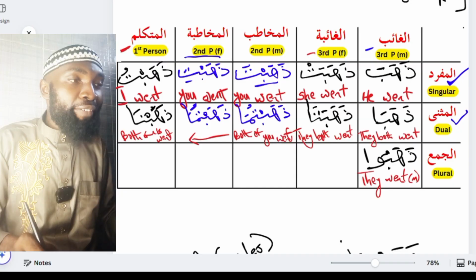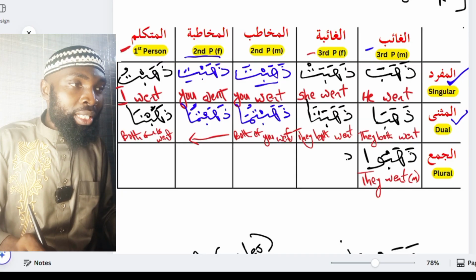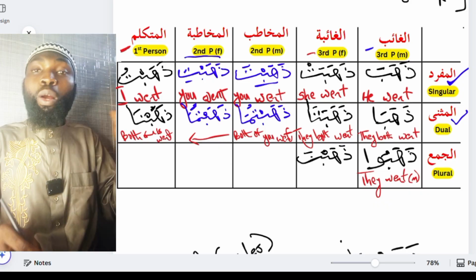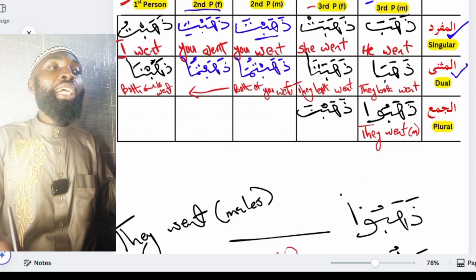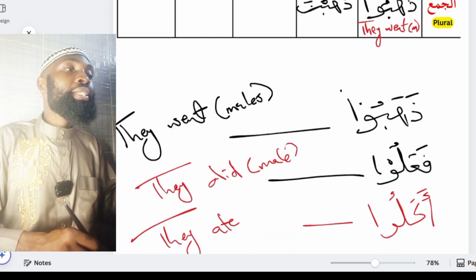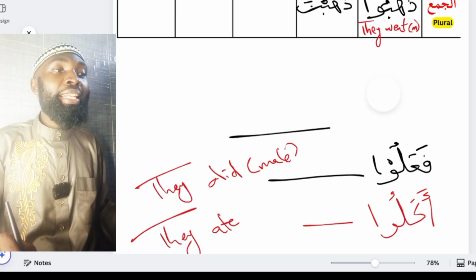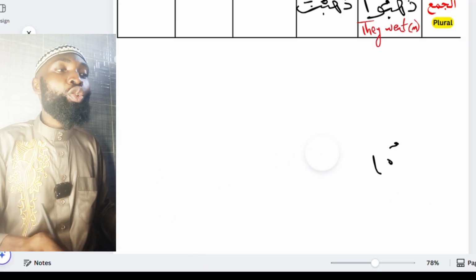The verb this time will come as dhahabna. It means they went. So I can simply say Aishatu wa Maryamu wa Zainabu dhahabna. That is, Aisha, Maryam, and Zainab went.